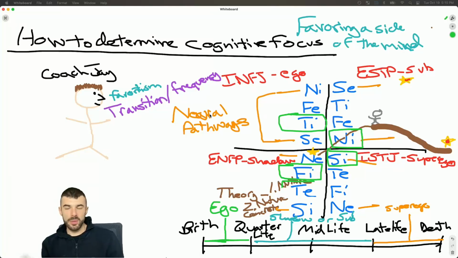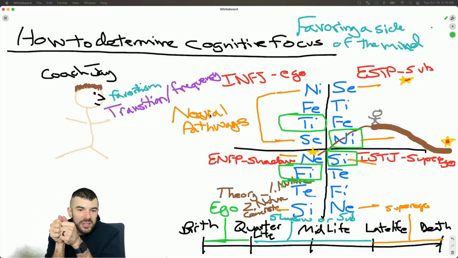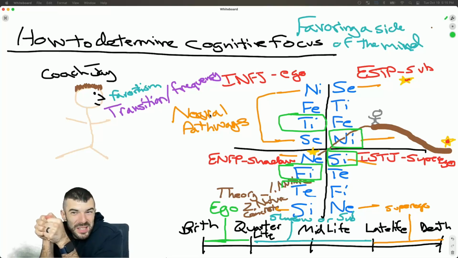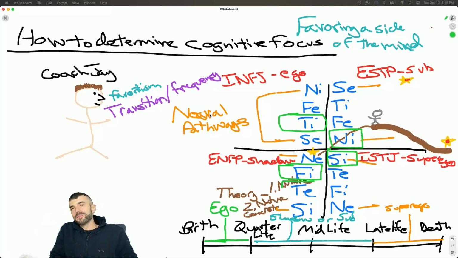Whereas my INTJ friend who owns the card shop, he's all about morality. Whereas the shadow-focused INTJ is all about truth. Basically, the individual sides of the mind each have their little virtue that these people cling to at this particular time in their life, etc.